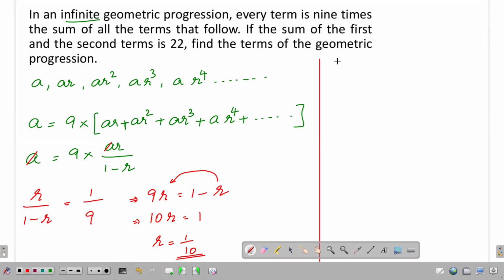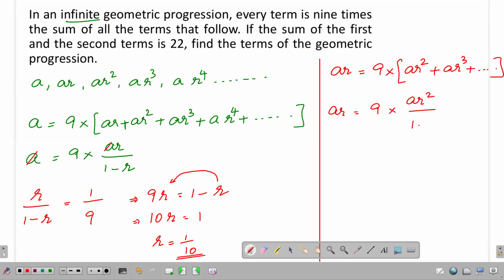So if you observe the second term, ar, it will be 9 times ar square plus ar cube plus etc. It goes like that up to infinity. So you can say ar is 9 times ar square by 1 minus r. Got it? Fine. Now I know the value for r here also, that a goes off. No problem.